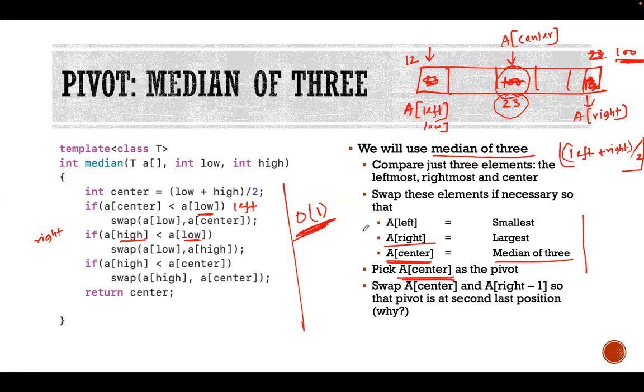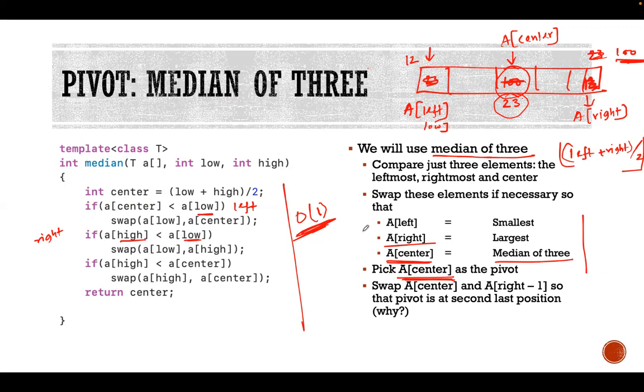This is just one strategy that can give us a value that can roughly divide the whole array into equal partitions.